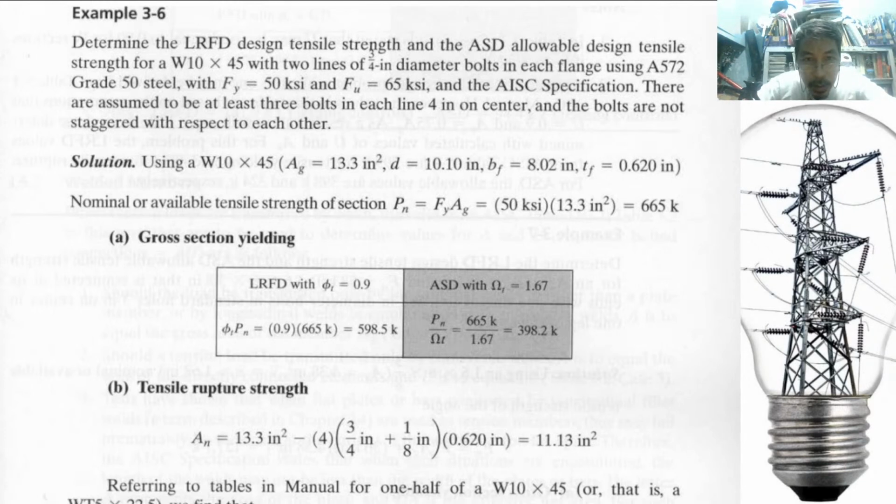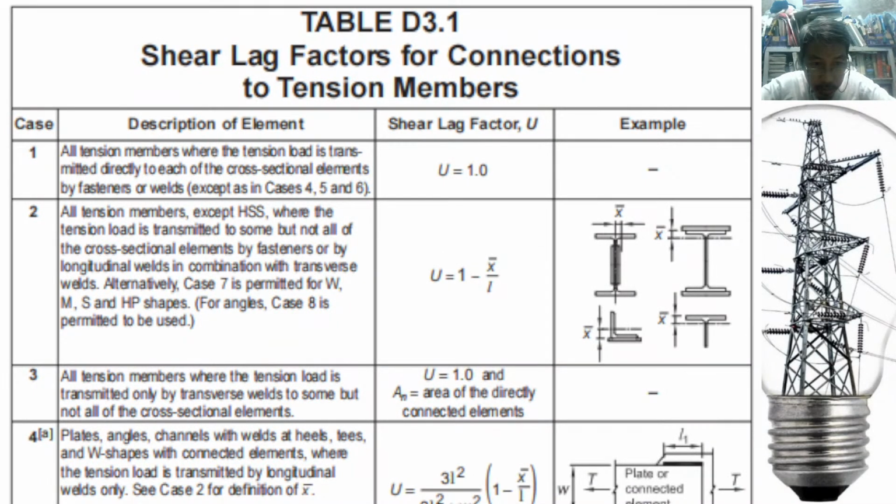Okay, this is the table, case 2. So look at case 2. U is equal to 1 minus X bar over L. Therefore, since we can solve the X bar, which is what?